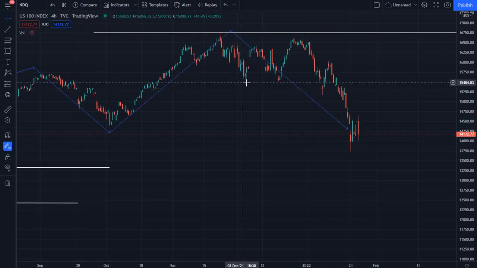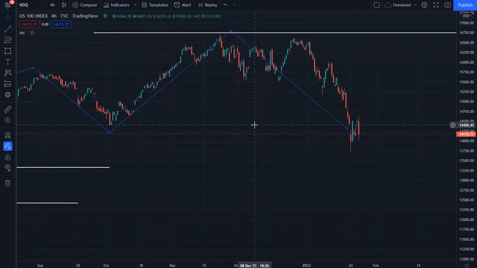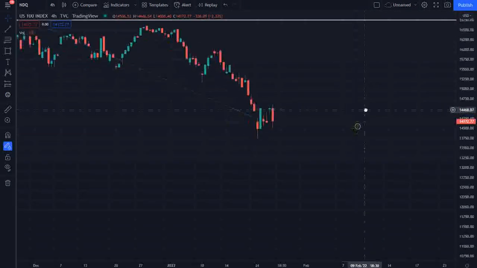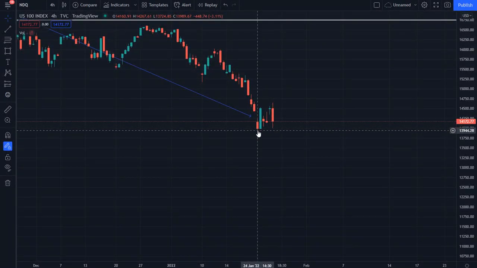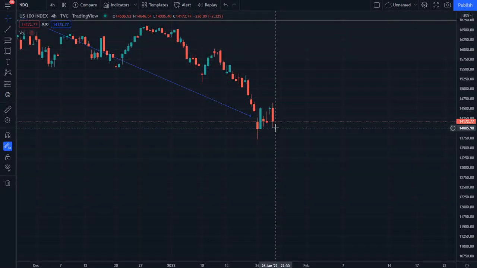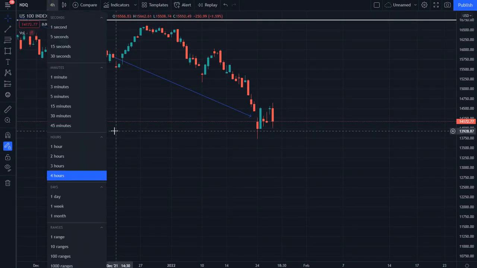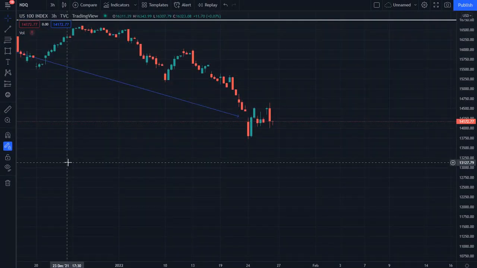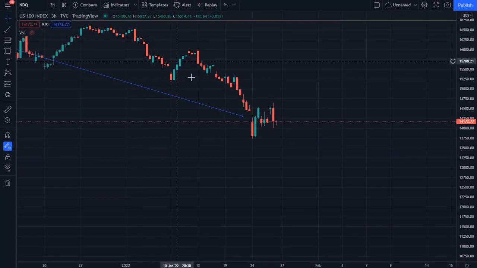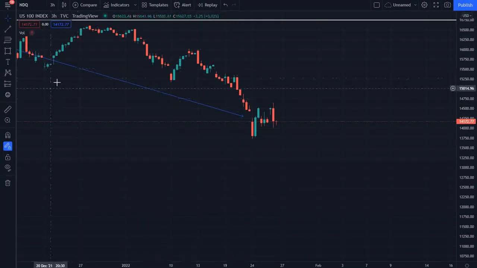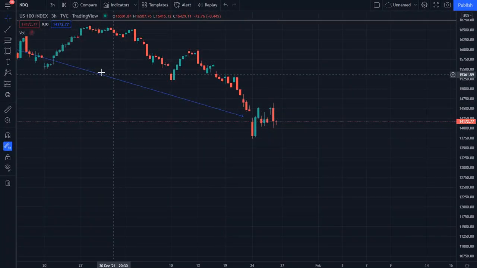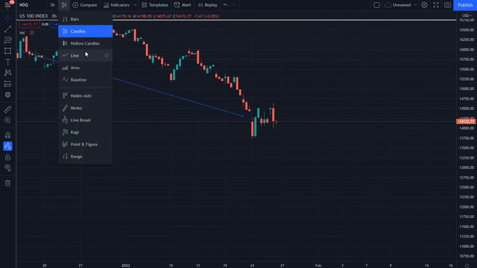Okay, so it broke through this definitely. Okay, so it came down here and went up. It's currently here. This is still not quite clear. Let me take a look here. Now sometimes the candles can be a little bit hard to see properly, so I'll change the candles to a line.